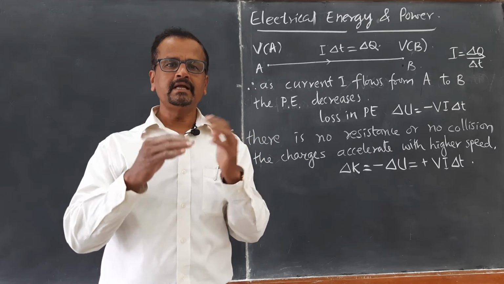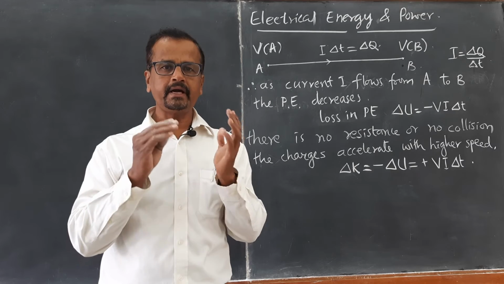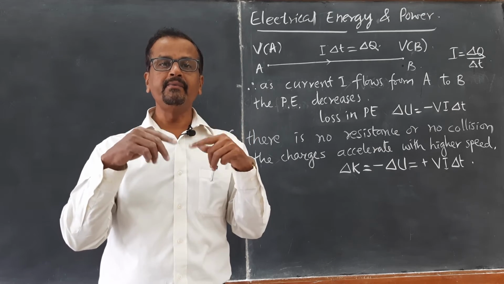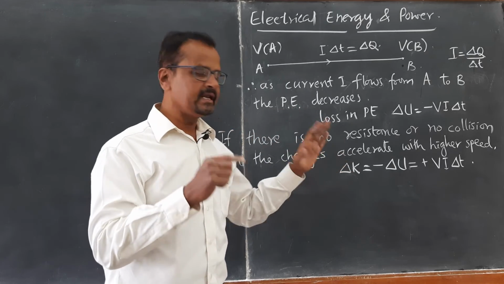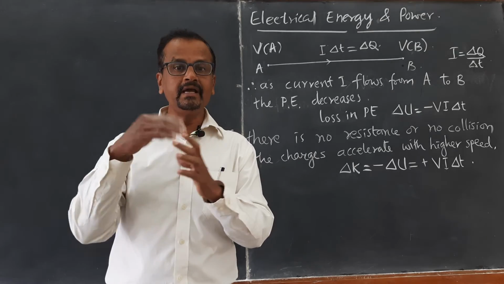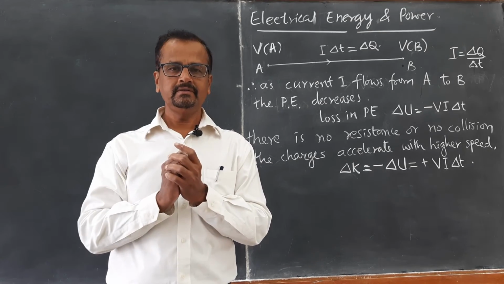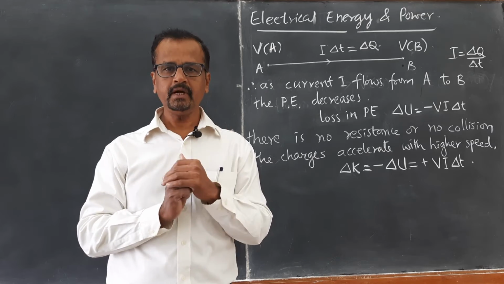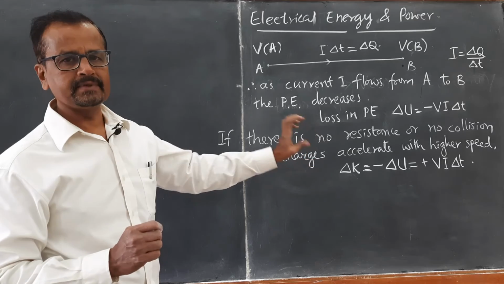As a result, the atoms and ions vibrate vigorously about their positions. This gain in kinetic energy is converted into heat, that is due to vibrational motion of atoms and ions, right. So, that is the thing that actually happens.